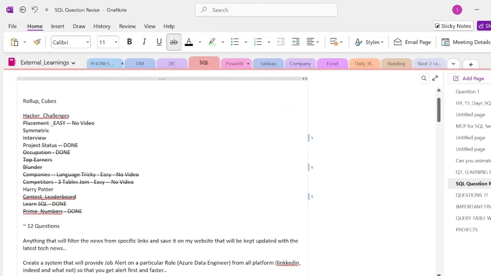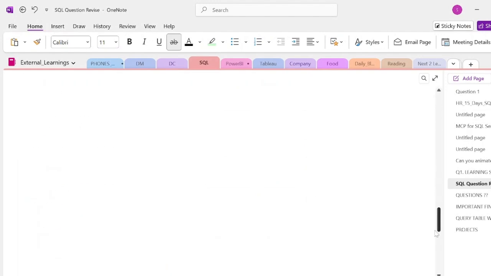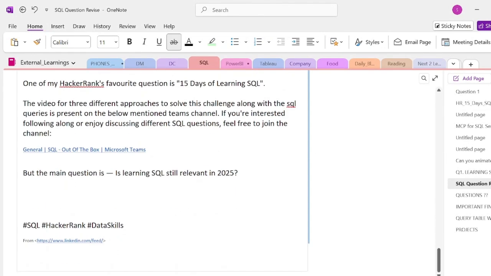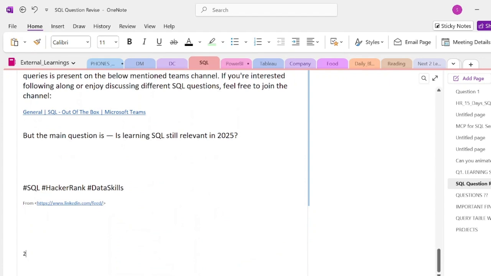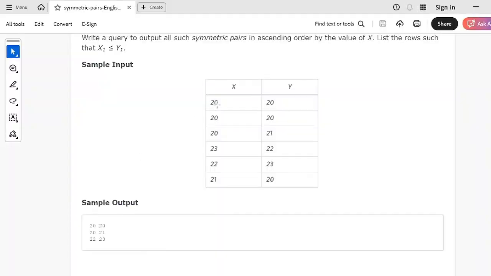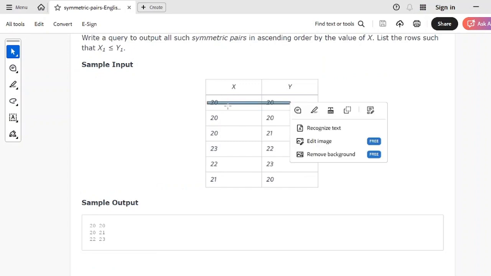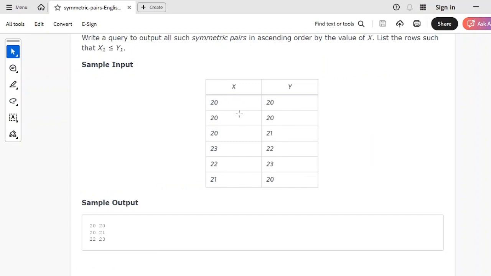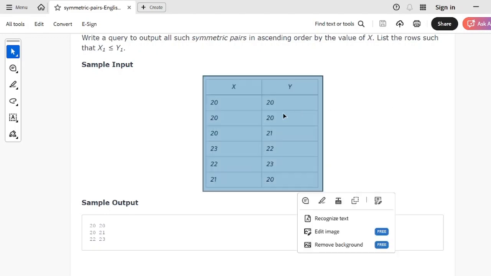for the first 20 you will get 20 20 20 20, because we are joining 20 with this 20. So my first record will remain the same, but it is joining with the y, so this will also remain the same, 20 20.